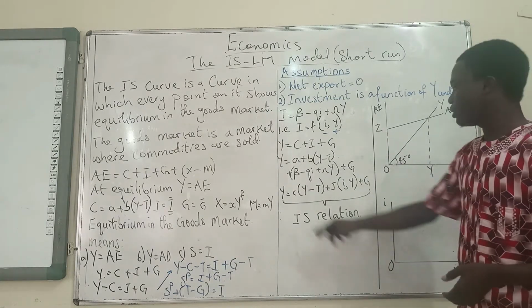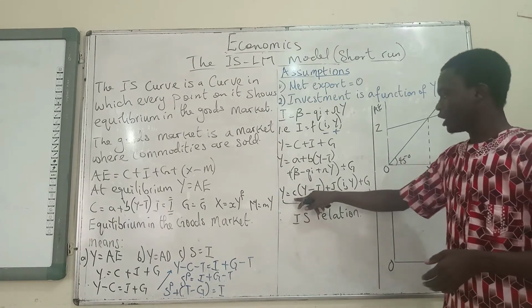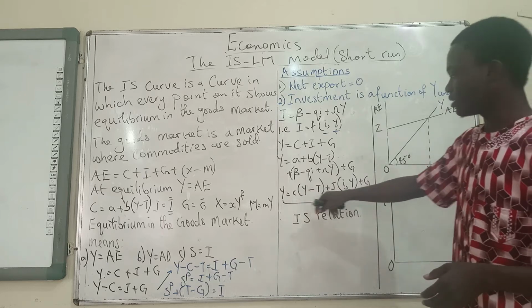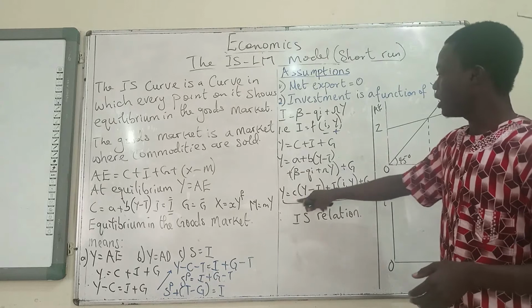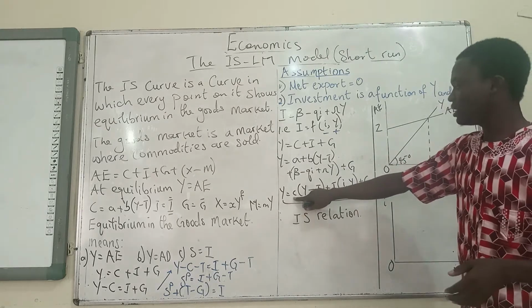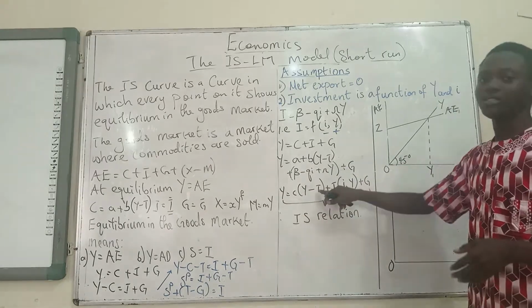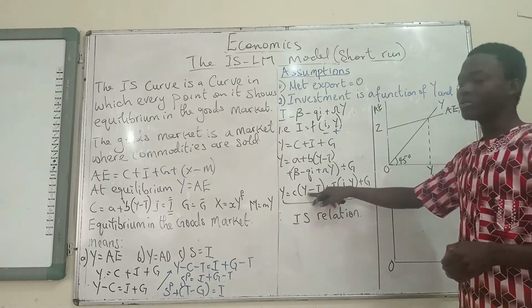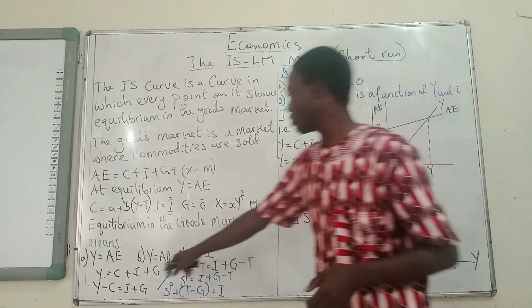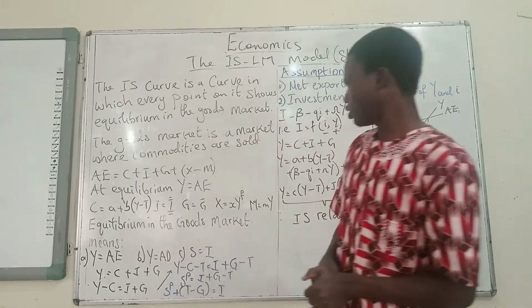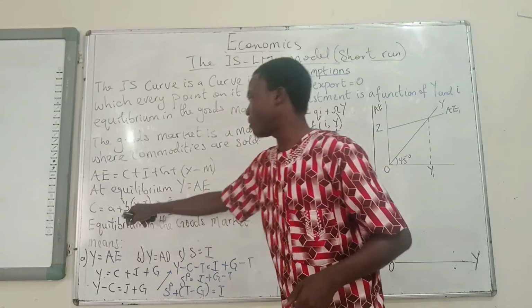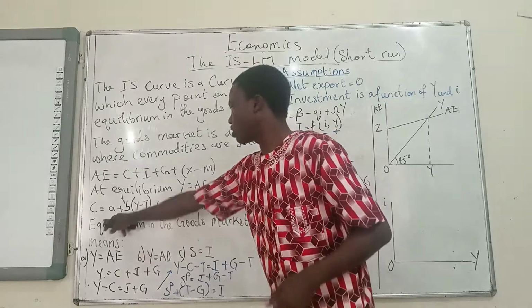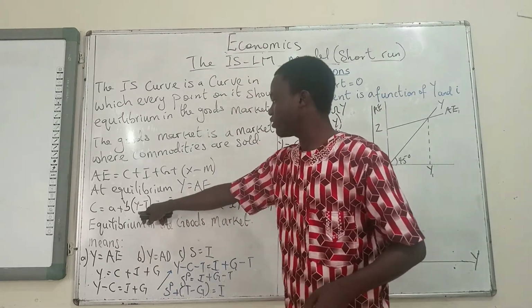All right, so at the end of the day we now have y equals consumption, and consumption is a function of y and t. That is, consumption is a function of disposable income. What we already have here. So these are parameters, so they are not variables. Consumption is a function of this variable and this variable.